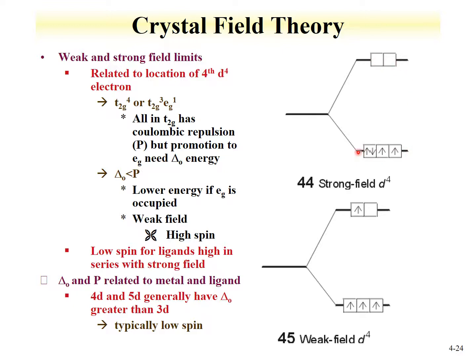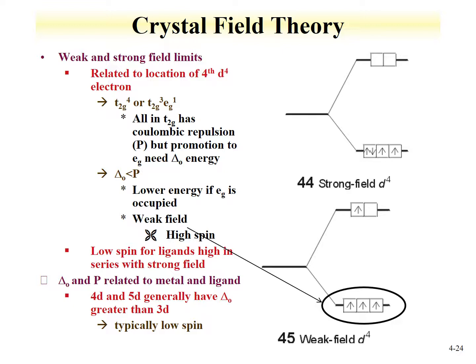We can either put all four electrons in the T2g, or if the energy difference from the T2g to the Eg is relatively small, I can put three electrons in the T2g and one in the Eg. These are described as weak fields, and in the weak field, I'm going to have all four electrons unpaired. So this is going to be a high spin.